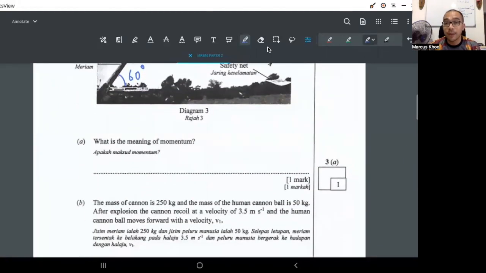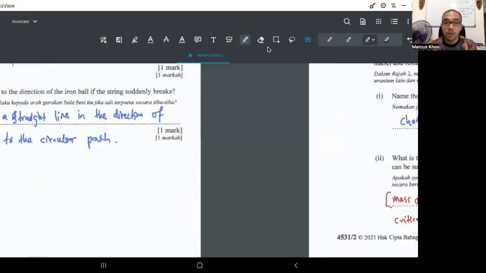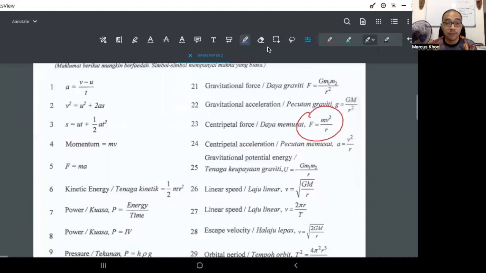What is the meaning of momentum? Now, the definition for momentum is one of those definitions that is actually taken from the formula. Let's check whether the formula for momentum is given or not. There it is. It is given, but you cannot write the formula as the definition.